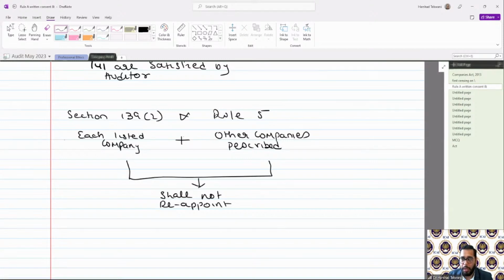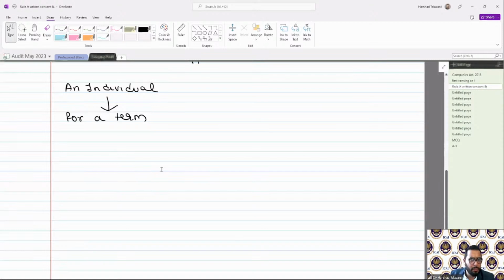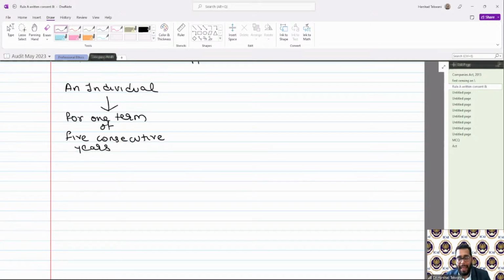shall not reappoint an individual as auditor for more than one term of 5 consecutive years. That is in case of an individual.